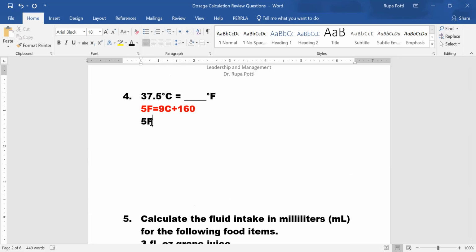So it is the same thing. 5F is equal to 9C plus 160. Sorry, I had to put the numbers.